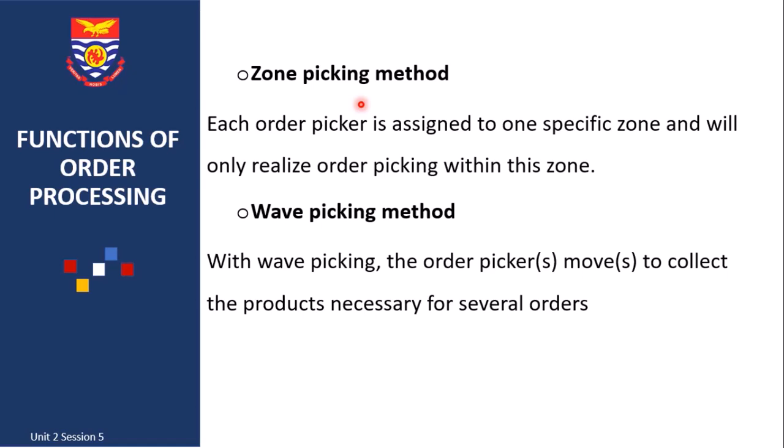So assuming all the 5 require some stationeries, and because stationeries are positioned at one area in the warehouse, they will accumulate all the stationeries for all the 5 orders and pick them from the stationery points before identifying the common electrical appliances. Then they will move to the electrical appliances section in the warehouse or supermarket to pick those. Then they will come back and put all of them together into the various 5 orders of the customers.